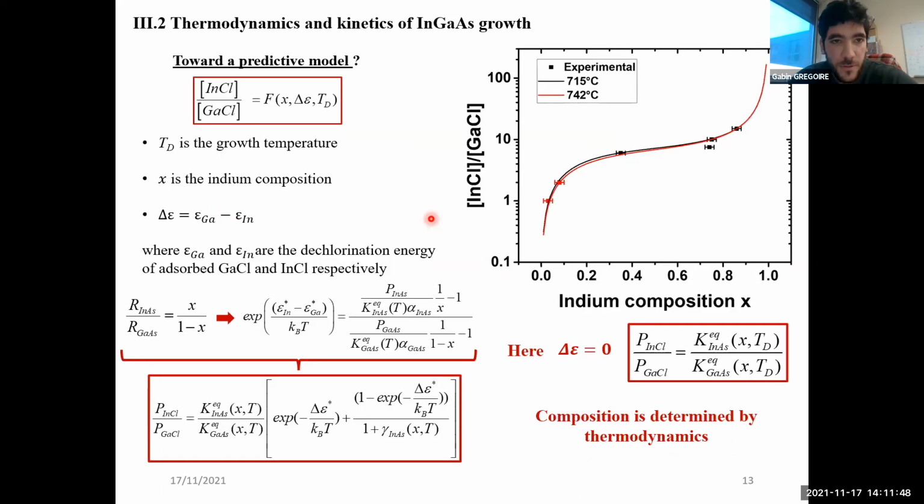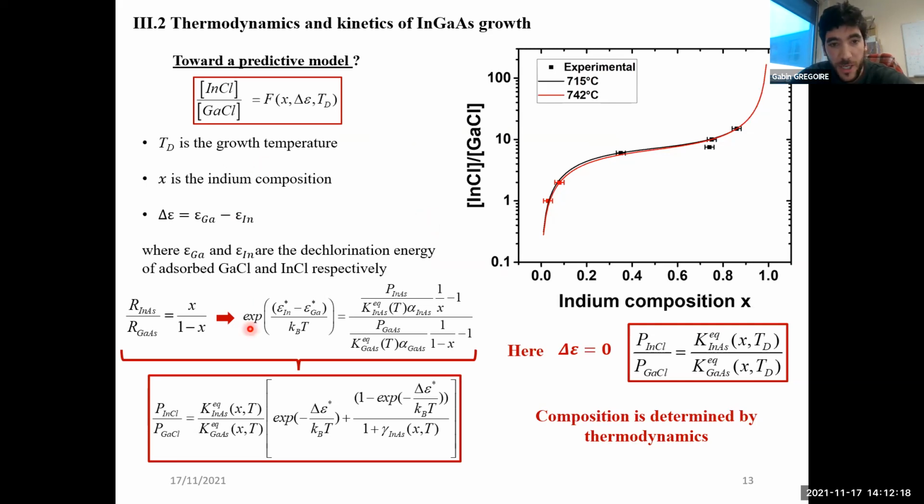Finally, we wanted to link the vapor phase composition to the solid composition. That's why we tried to model this. So first we suppose that the ratio of concentration of indium and gallium is proportional to the ratio between the indium arsenide growth rate and gallium arsenide growth rate in the ternary material.